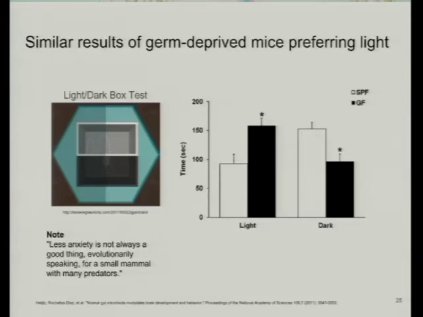From here, you can see that the specific pathogen-free mice want to spend more time in the dark areas, so they were a little more timid or more anxious. However, once you get rid of their microbiota, for the germ-free mice, you can see that their time in the light area increased significantly. Again, suggesting that there might be some connection between the gut microbiota and our behavior.